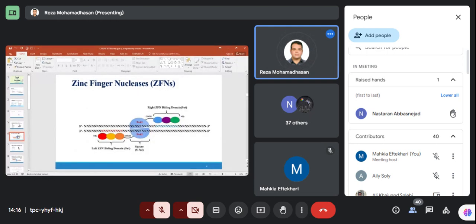When the system goes to edit a fragment of DNA, as you see, the modules bind to 9 nucleotides.